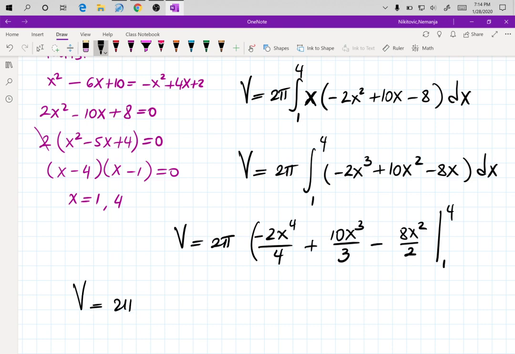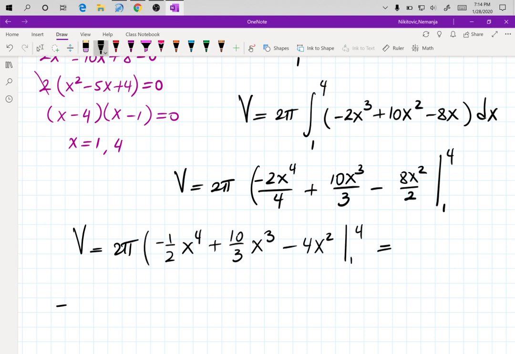So volume is 2 pi. Simplify all of this. This is going to be negative 1/2 x to the 4th plus 10/3 x cubed minus 4x squared from 1 to 4. 2 pi.